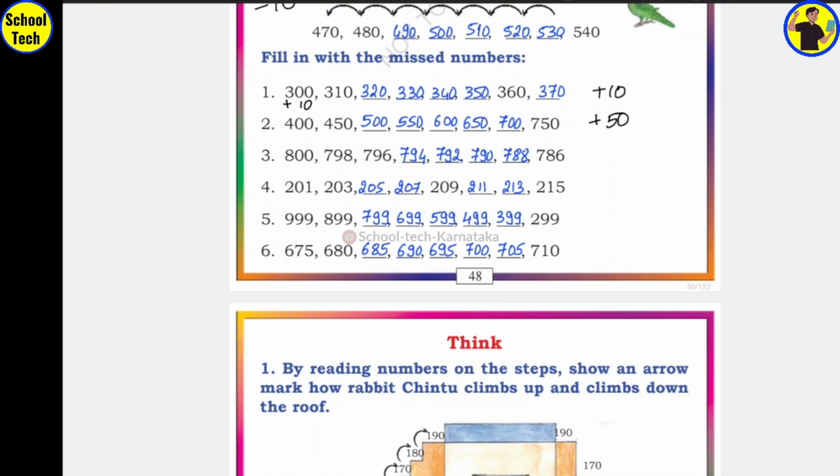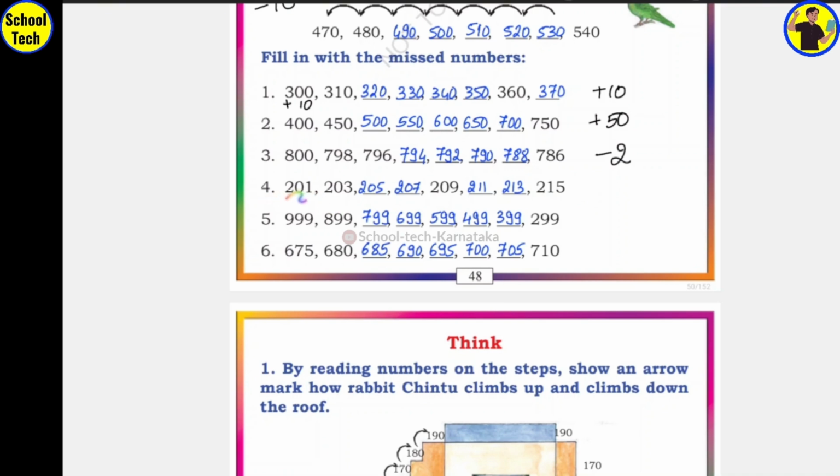If you subtract 2 from 800, you get 798. Minus 2, 796. The next numbers 794, 792, 790, 788, 786.